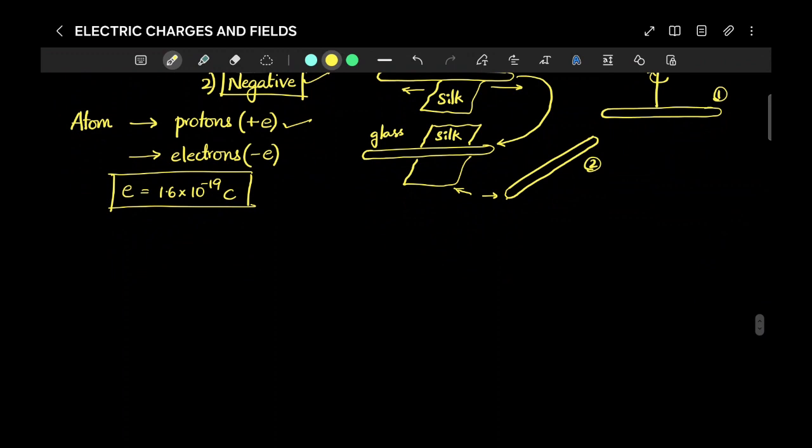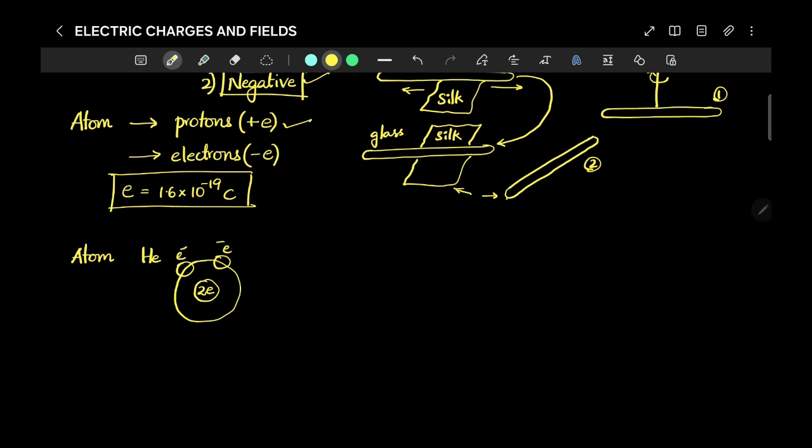Generally, if you take any atom, for example, let us take helium. In helium, at the center in the nucleus, you have 2 protons, and outside them you have 2 electrons revolving around it.